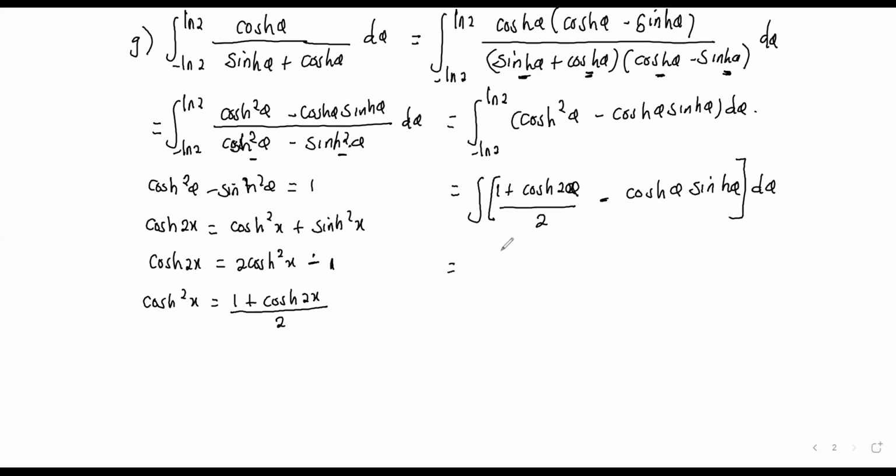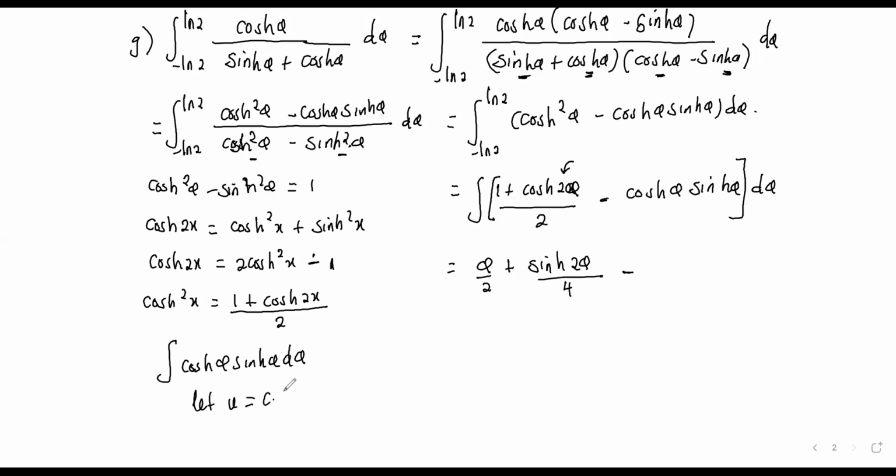So when we integrate this, we'll get theta over 2 plus hyperbolic sine 2 theta over, it becomes 4 because that 2 that comes from here times the 2 down will have 4. And then minus, to integrate the product, we let u be one of them.